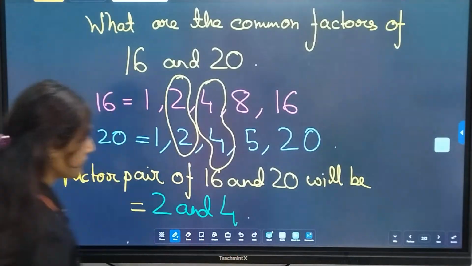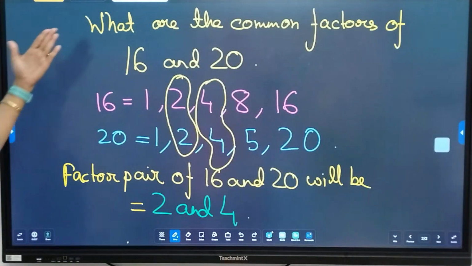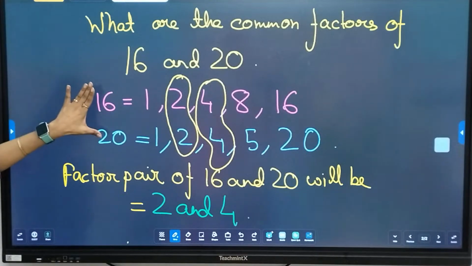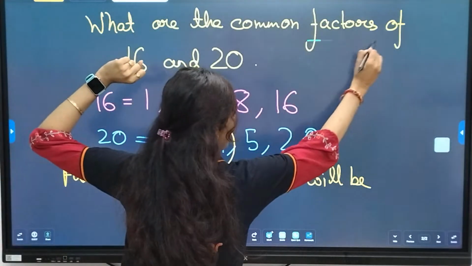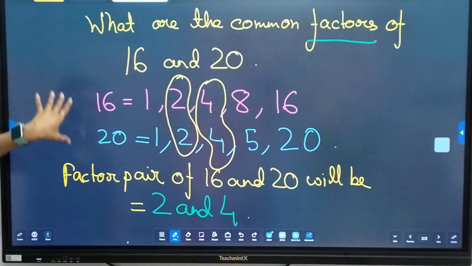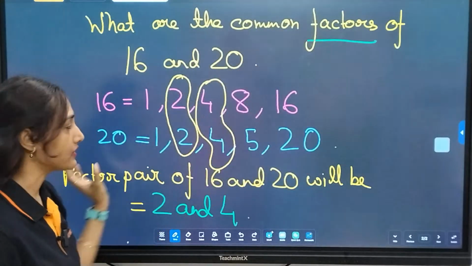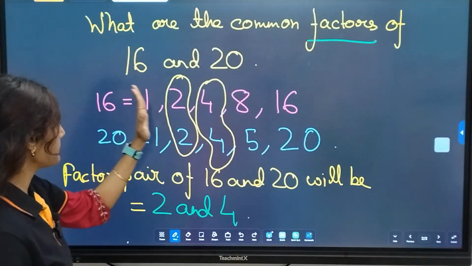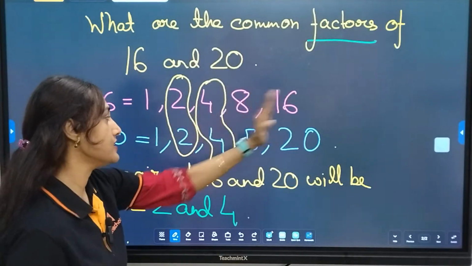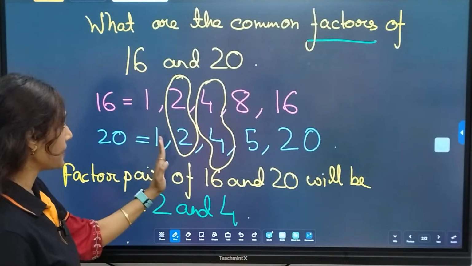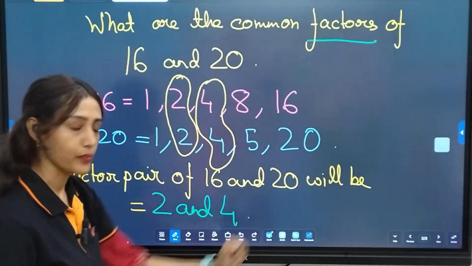Clear? Just like multiples, in case of finding factors, we will see how this number can be divided by other numbers. So 16 can be divided by 1, 2, 4, 8, 16. 20 can be divided by 1, 2, 4, 5, 20.